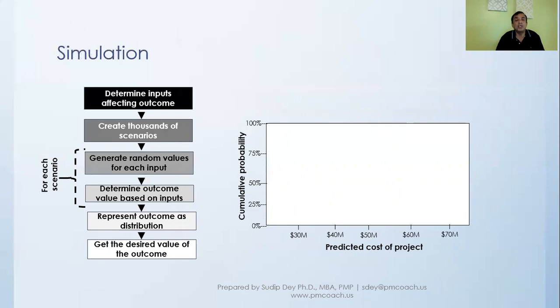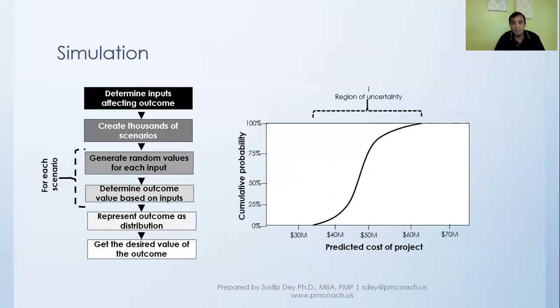When we plot it as an S-curve, we find there is a region of uncertainty where the predicted cost of the project can vary from somewhere between 35 million to, let's say, 63 million.